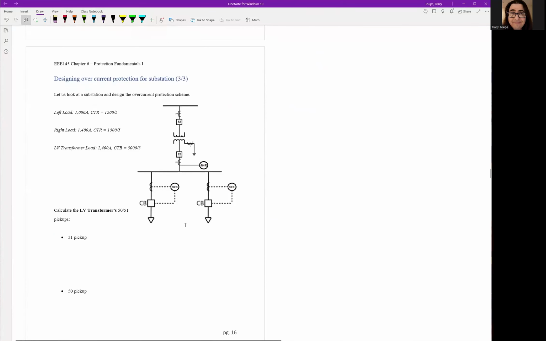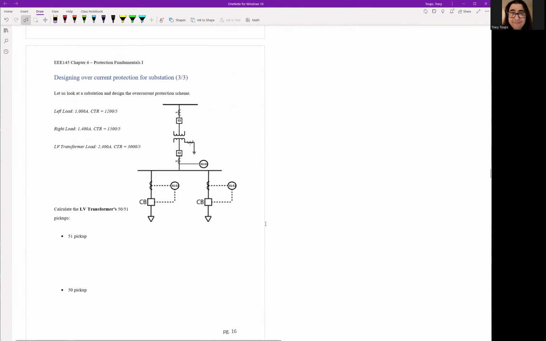All right, and lastly, let's do the low voltage side of the transformer. So this is going to be this one right here. And here's the low voltage transformer right there. Notice that the CTRs are different for each one because we had to size the CT based on the loading factor.